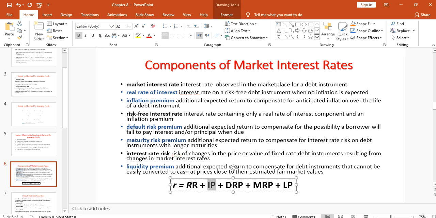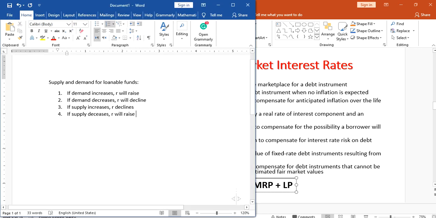I can give you an example of how inflation works. Let's say we are in 2020 and the inflation rate is 2%. In 2025, the inflation rate is expected to be 15%.